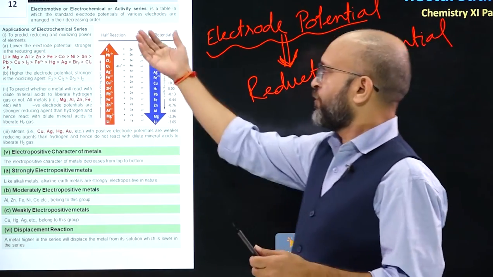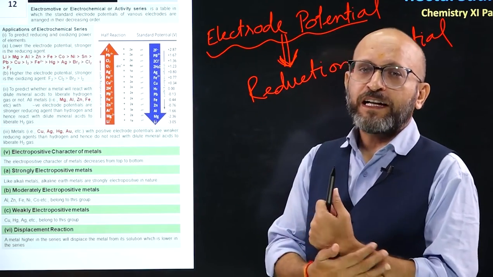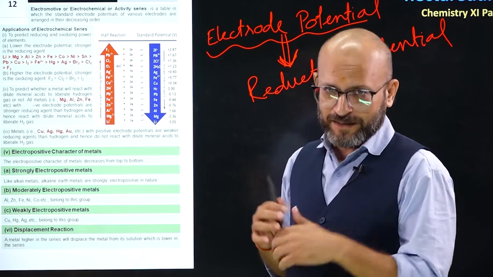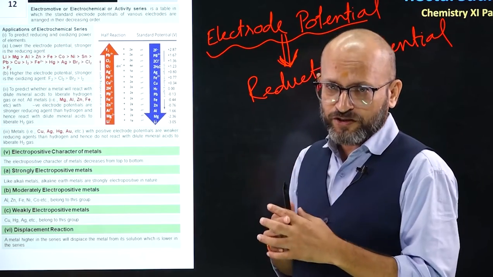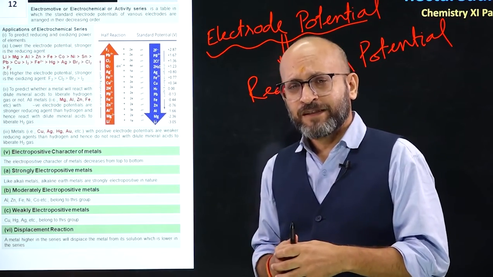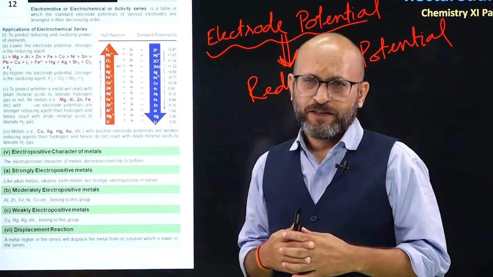We have a few species here which have been arranged in decreasing order of standard electrode potential or standard reduction potential. So, what is the use of this? This has multiple uses.